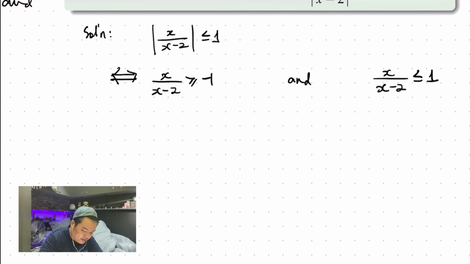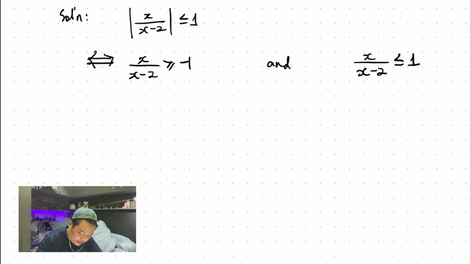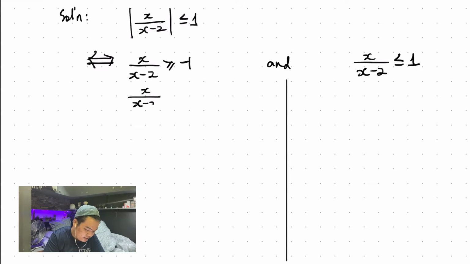Okay? So, ibig sabihin, pag nagsasolve ka ng inequalities with absolute value, it will take time. Lalo na kung rational, mahaba siyang gawin. So, lipat natin sa kaliwa lahat. So, we get, combine na sa single fraction lalabas. Tama ba ito?